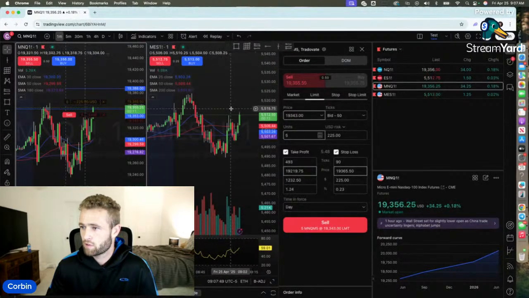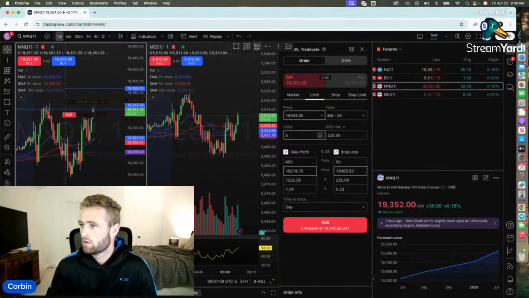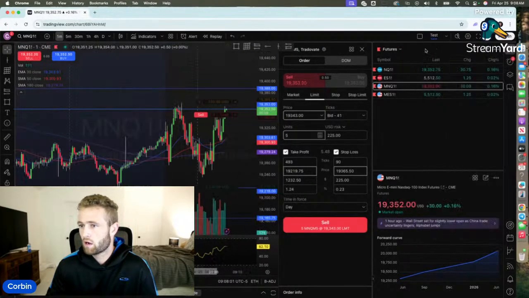Again, this could be a nice confluence to the downside on NQ because ES is clearly not going to make a higher high on this move. So, that being said, this is probably going to make a higher high.